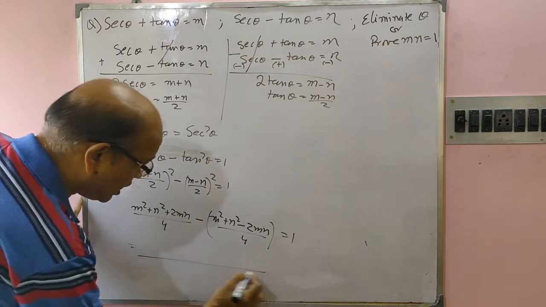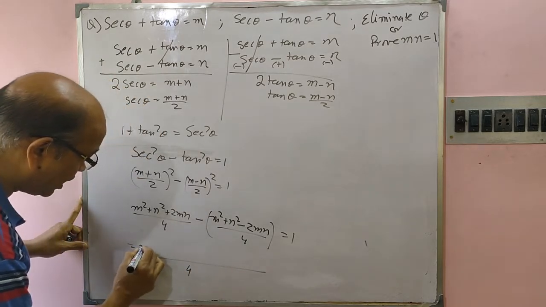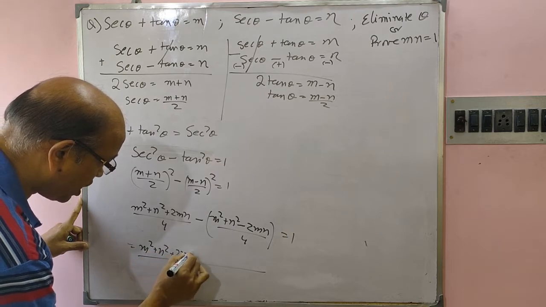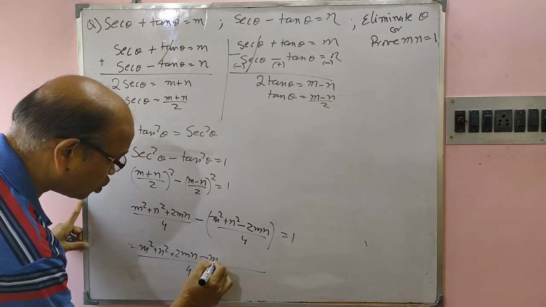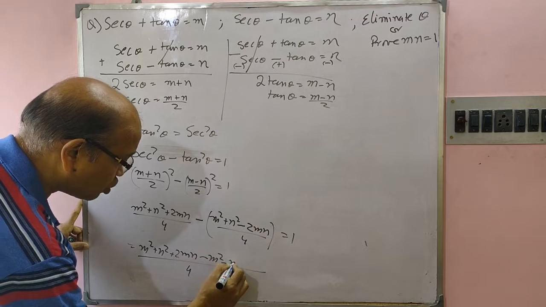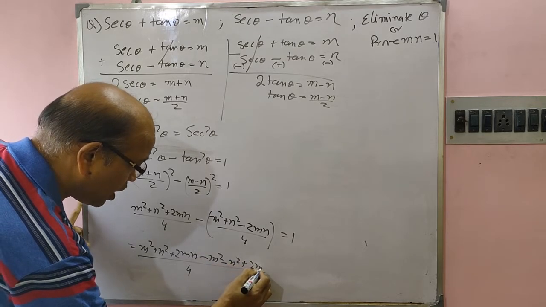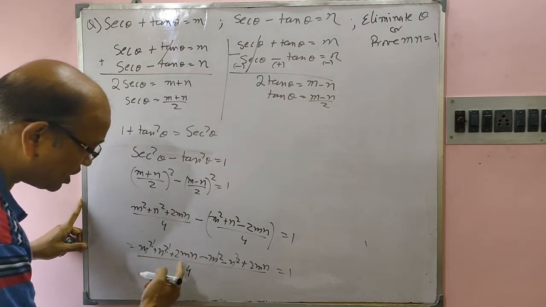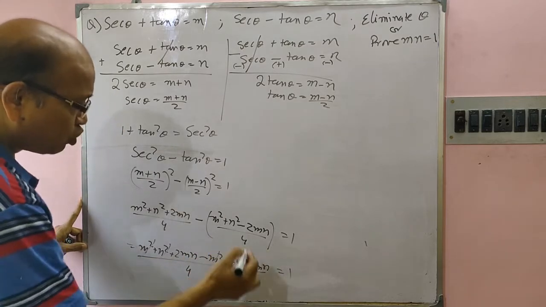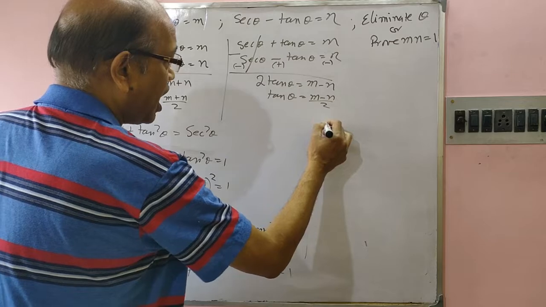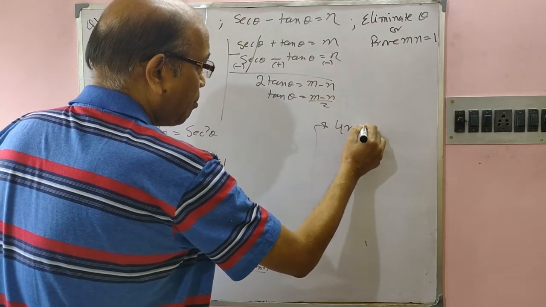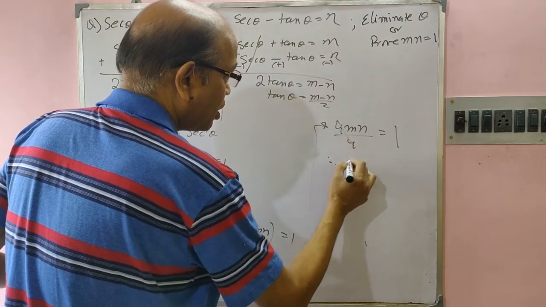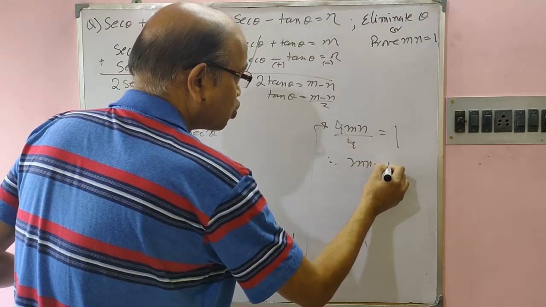Now the LCM here will be 4. I get m square plus n square plus 2mn minus m square minus n square plus 2mn is equal to 1. M square and n square get cancelled. I get 4mn. So coming up here, I get 4mn by 4 is equal to 1. Therefore mn is equal to 1.